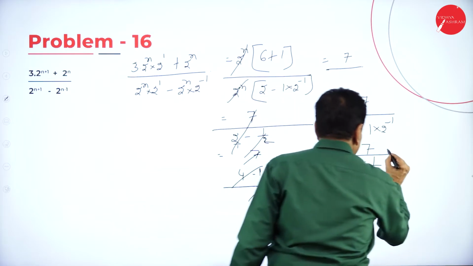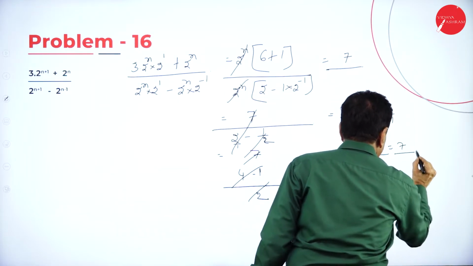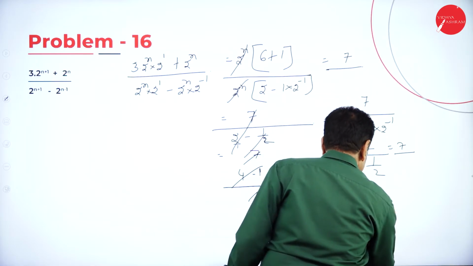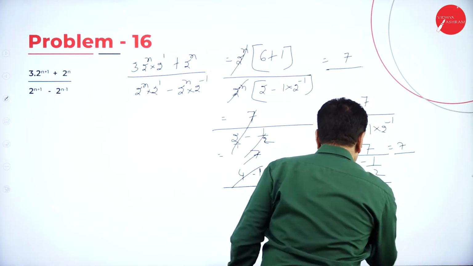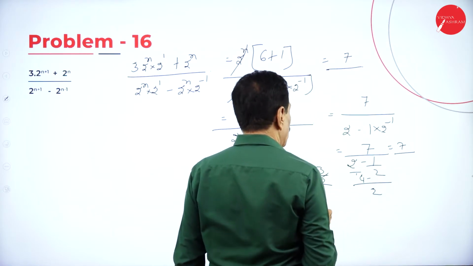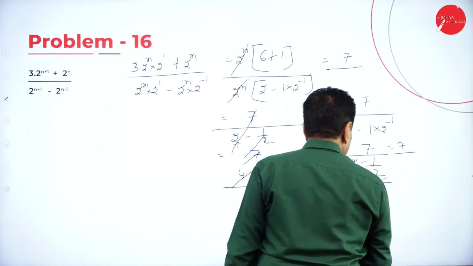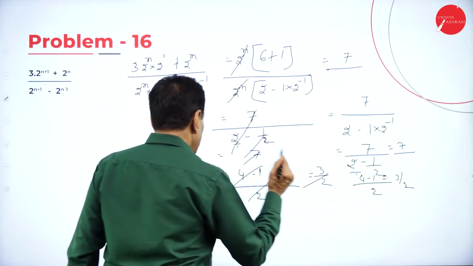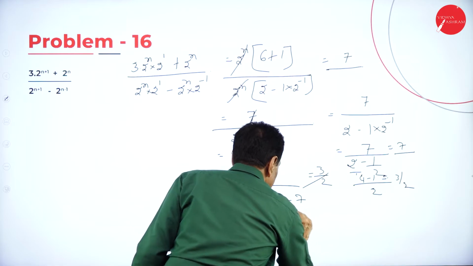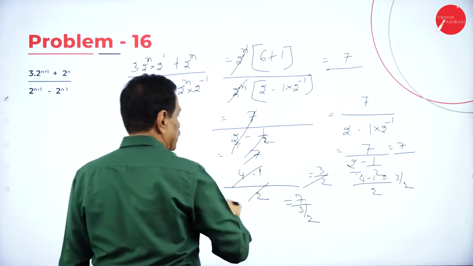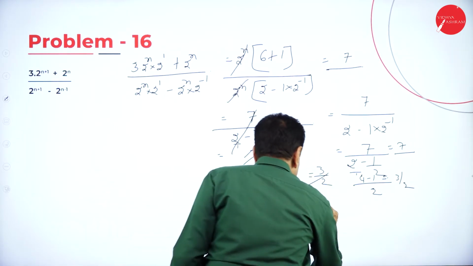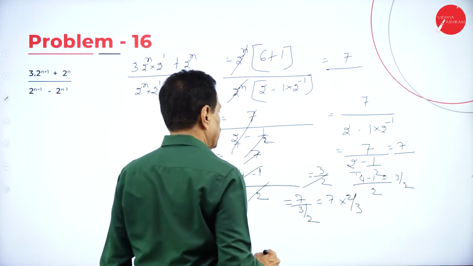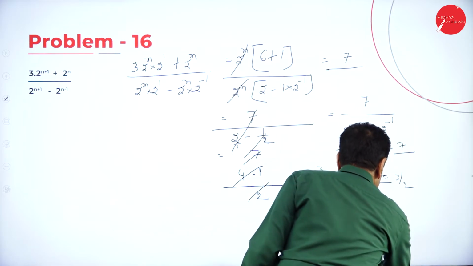So take the LCM, 7, 2 is the LCM, 1 2s are 2, 2 2s are 4, 2 1s are 2, 1 1s are 1, this is 3 by 2. So it is 7 divided by 3 by 2. If we take this now, it is 7 into 2 by 3. This is 14 by 3.